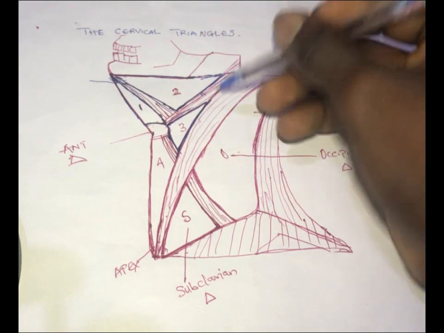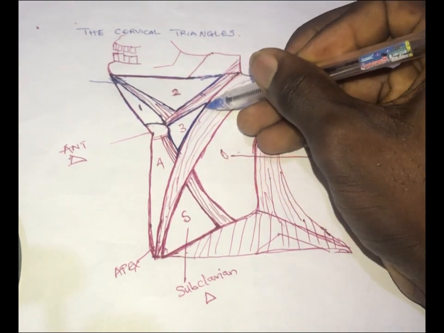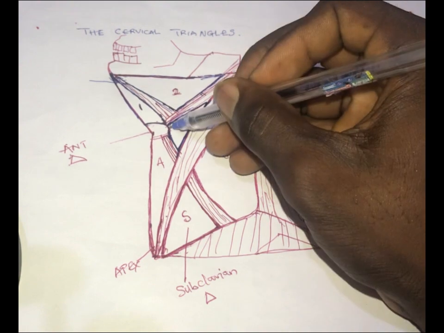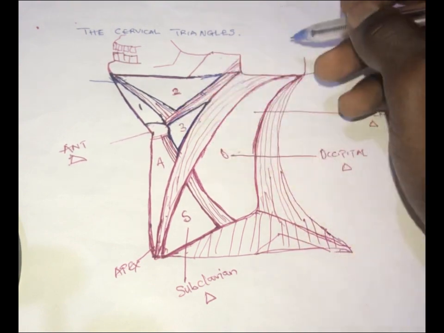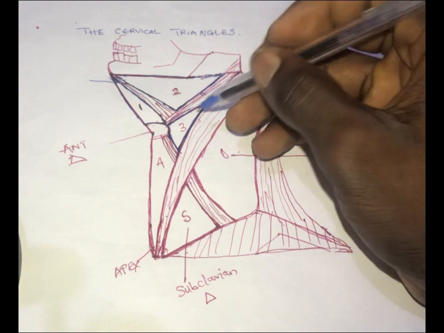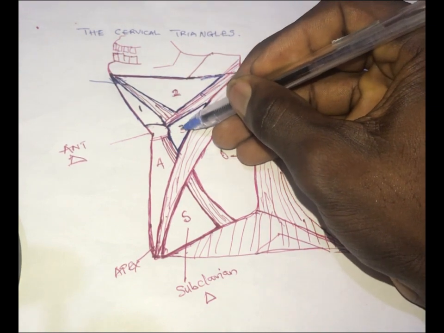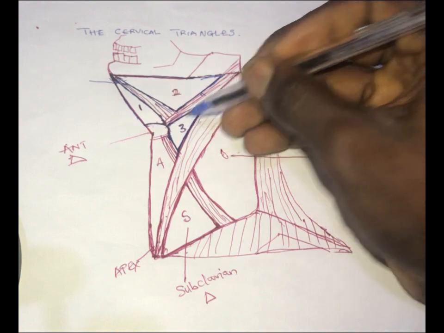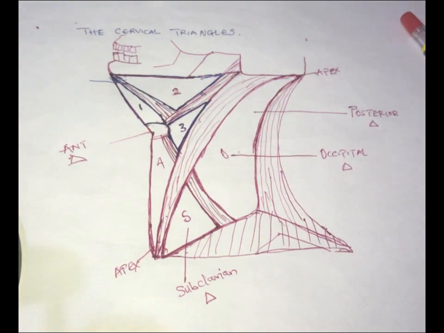This triangle contains carotid arteries like the common carotid artery, the internal carotid artery, and the external carotid artery. It contains the jugular vein and also the vagus nerve, the hypoglossal nerve, and ansa cervicalis, which is a branch of the cervical plexus.